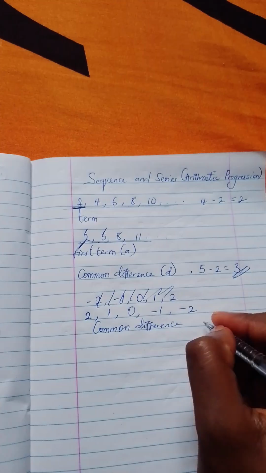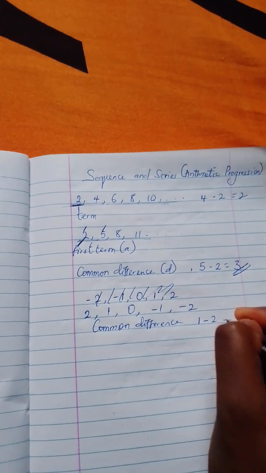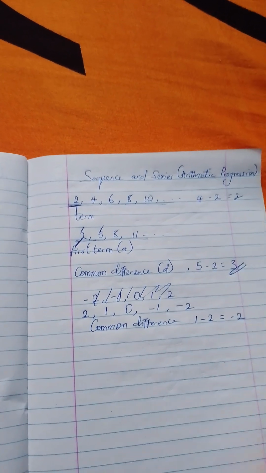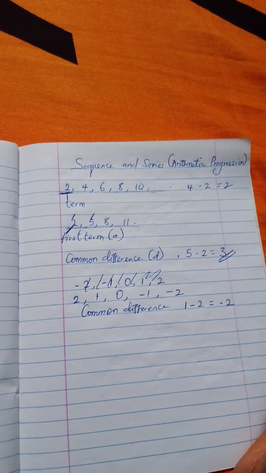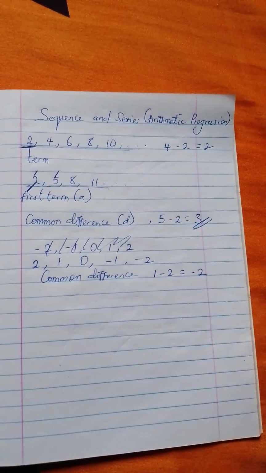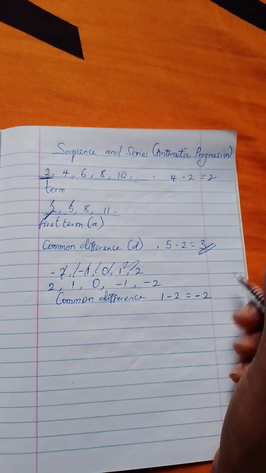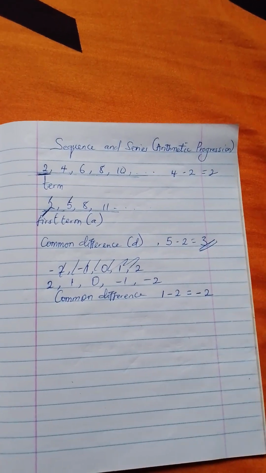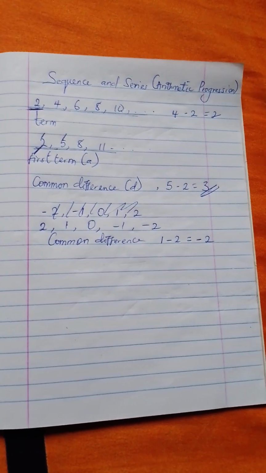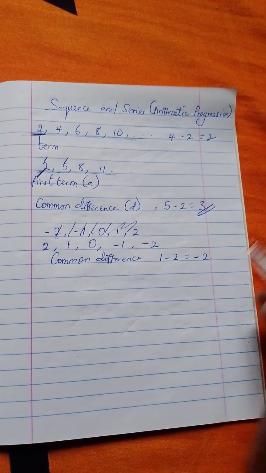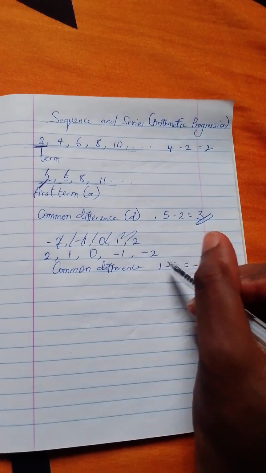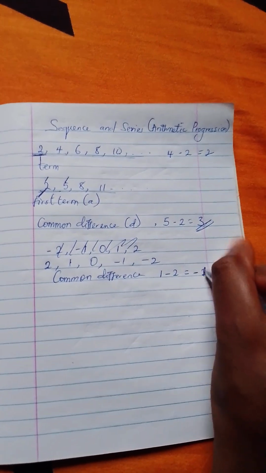So you're going to be having 1 minus 2, and you're going to be getting minus 1. The only thing there is that your common difference in this one is going to be a negative number instead of a positive number.